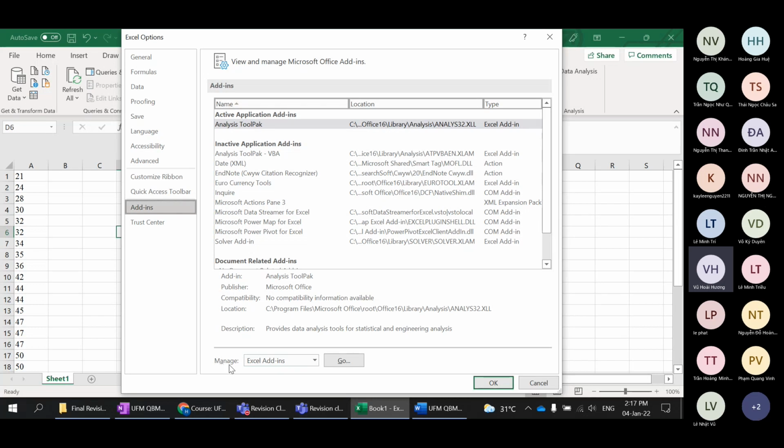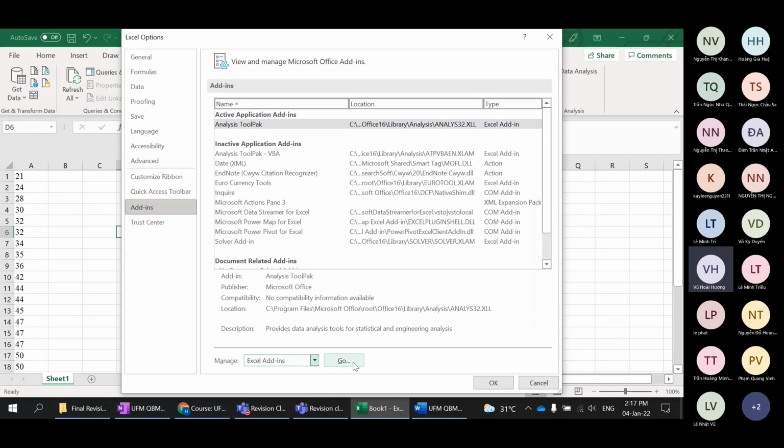At the bottom you will see Manage. When you click the drop-down list, choose the first one, Excel Add-ins, and click the Go button.